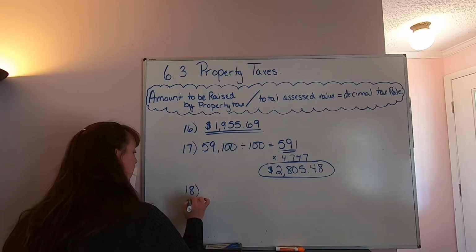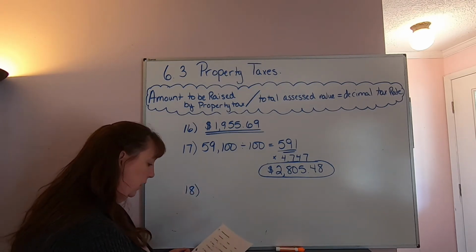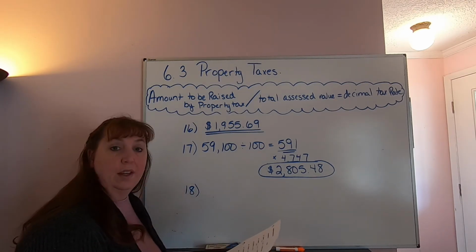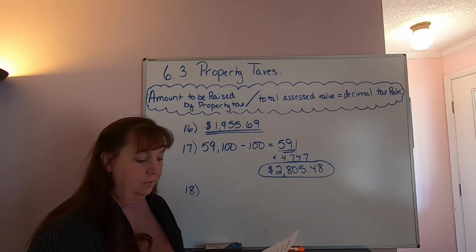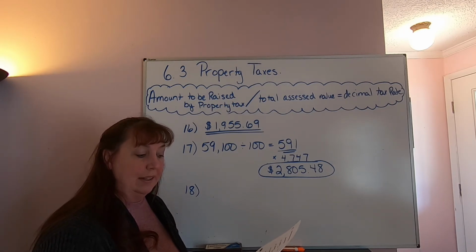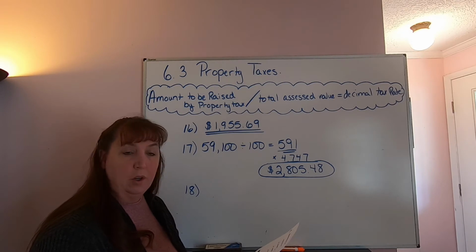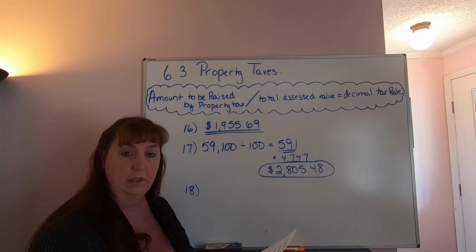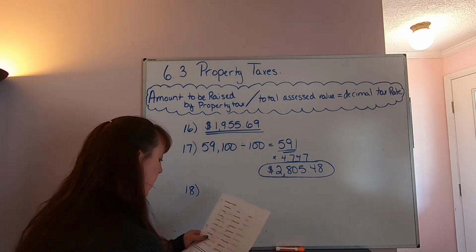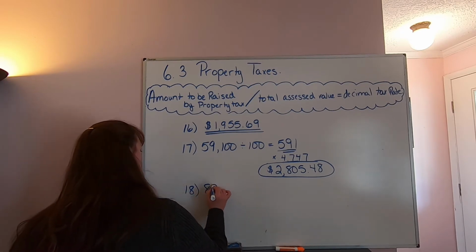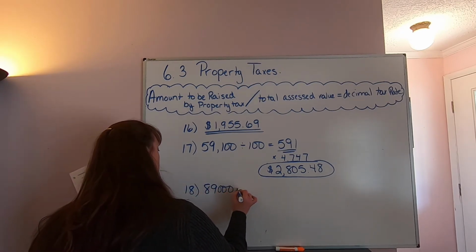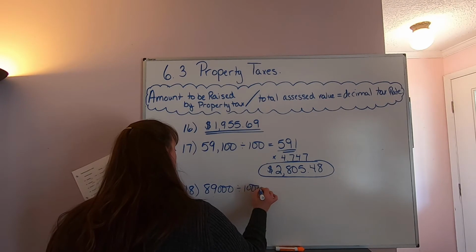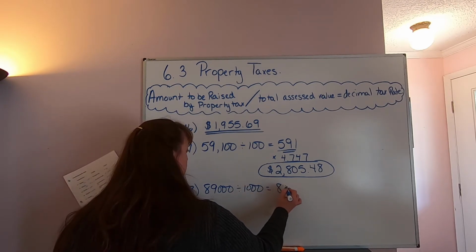Question 18 says your assessed value is $89,000 and you're going to pay 87.45 per every 1,000. So again, we need to find out how many thousands are in 89,000. Take 89,000 divided by 1,000. You will get 89.